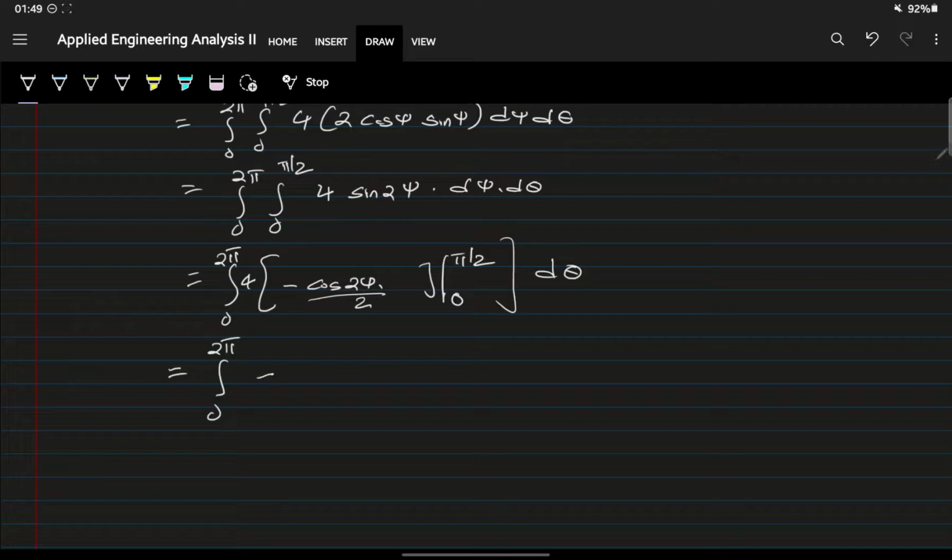This becomes 4 d theta. With respect to theta would be 8 pi. Therefore, our surface integral of z dS is 8 pi.